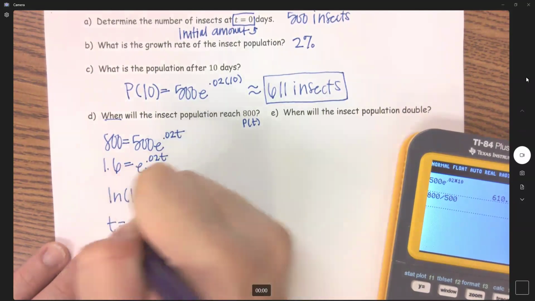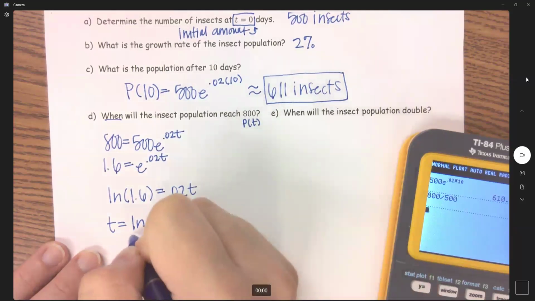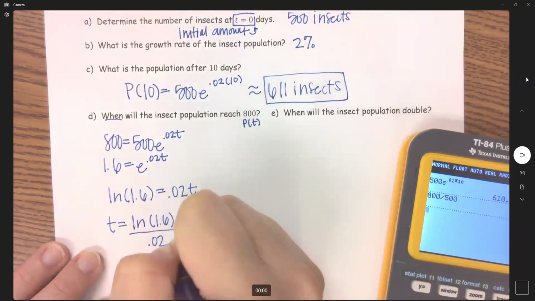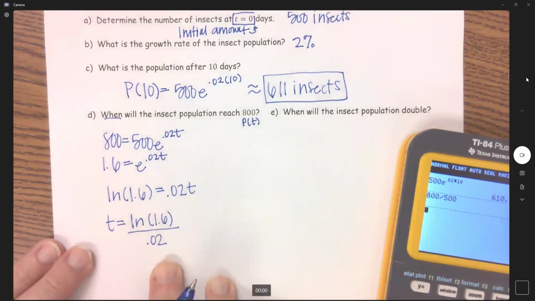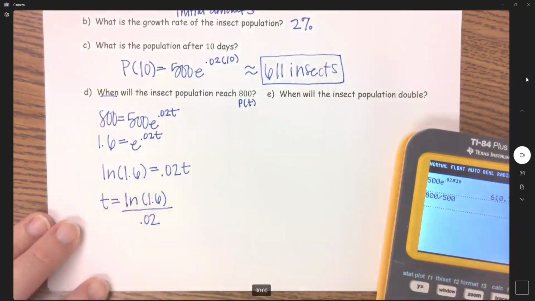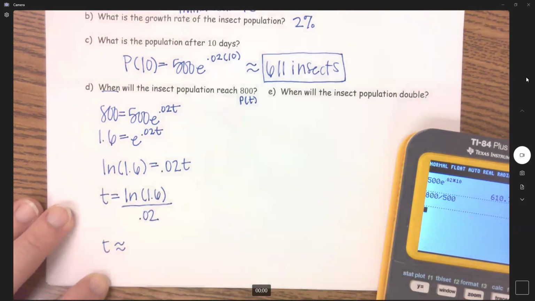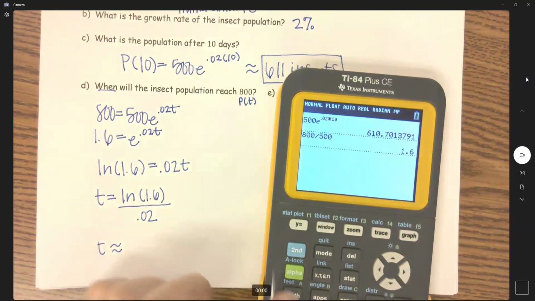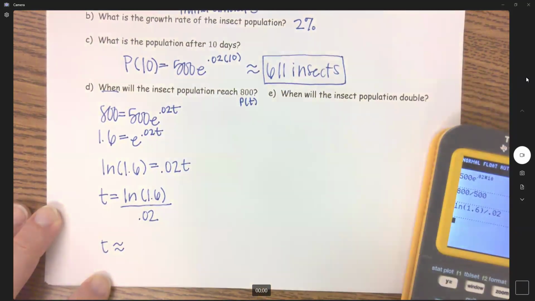So we're going to get t equals the natural log of 1.6 over 0.02. So this is my exact answer here, but that doesn't really help me figure out what that equals, right? So let's use our calculator and get a decimal equivalent. And we get about 23.5 days.